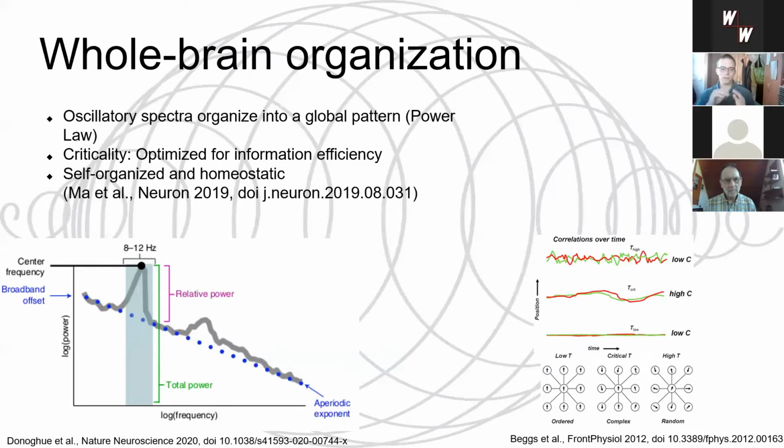Above this linear decay, you still have peaks. This is called the periodic and aperiodic part of the spectrum. That's a detail that is not so important right now. But the point is that the power of different oscillations is organized on a global scale, brain-wide.